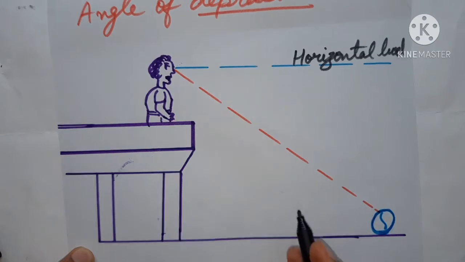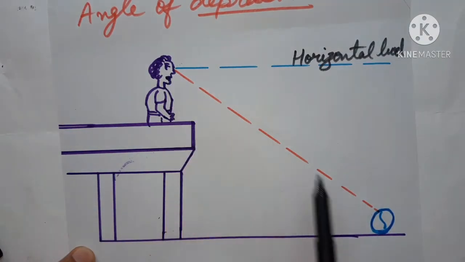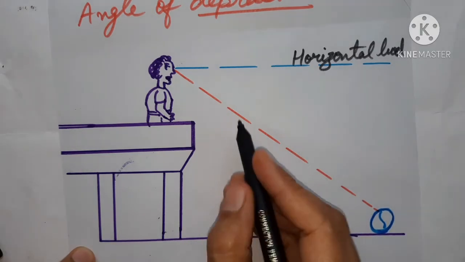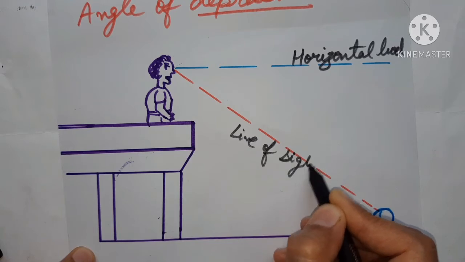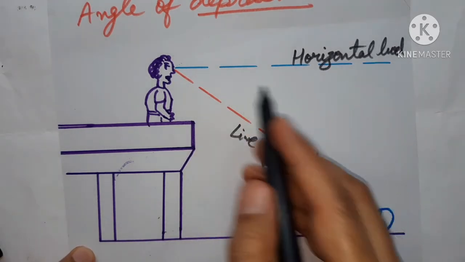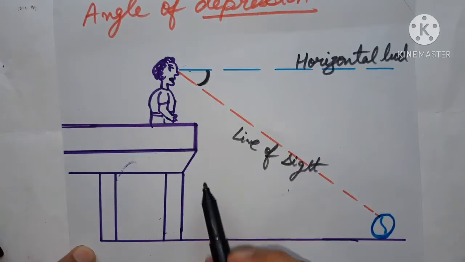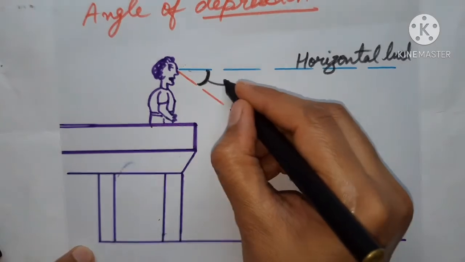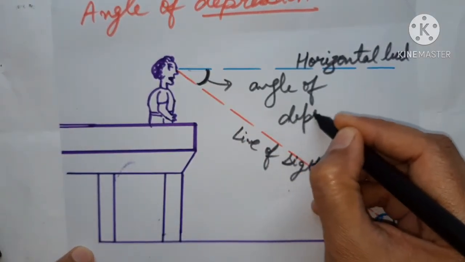And the line between the observer's eyes and the object is the line of sight. So the angle between these two lines is the angle of depression.